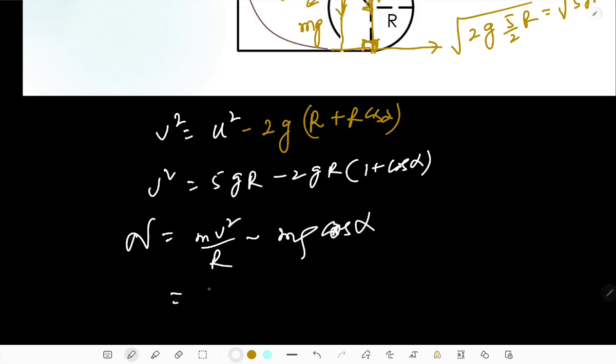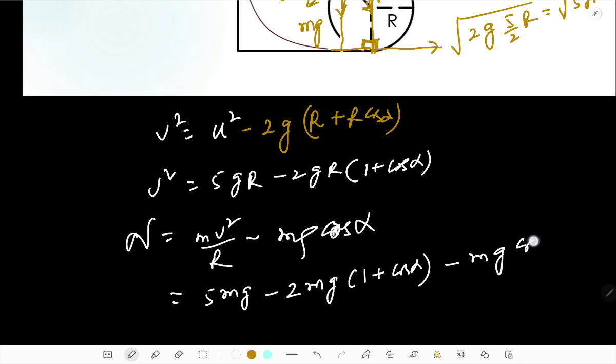If I put these values, I simply get v square as 5gR. R gets cancelled out, so the first term I get is 5 mg only, and the next term will be 2 mg(1 plus cos alpha), and again there is an mg cos alpha already here.